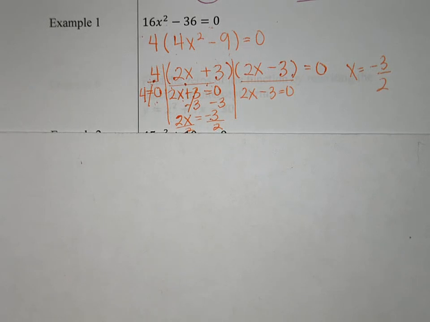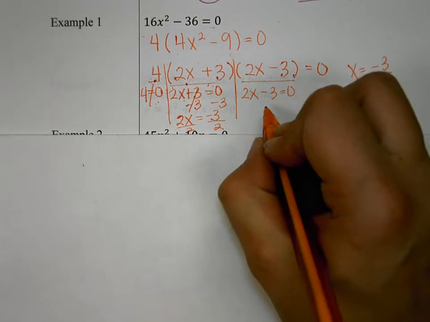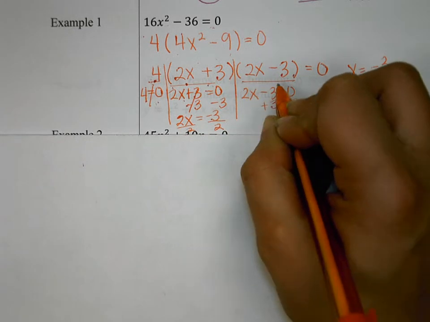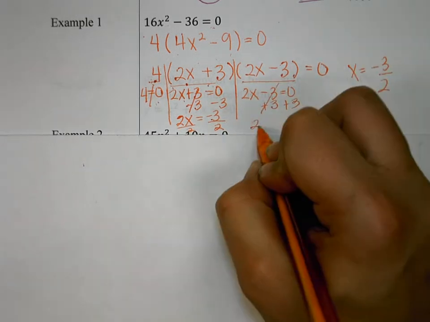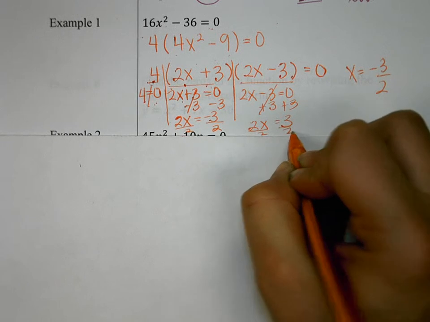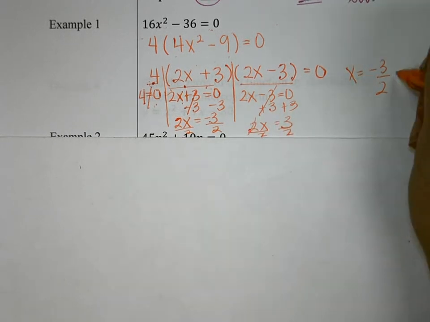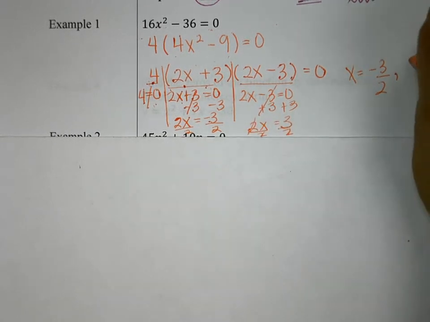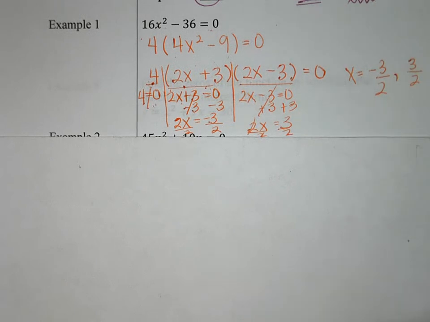So I can do the exact same thing for this guy. So I add 3 to both sides, and I'm going to get 2x equals 3. So divide both sides by 2, and my other answer is x equals positive 3 over 2.